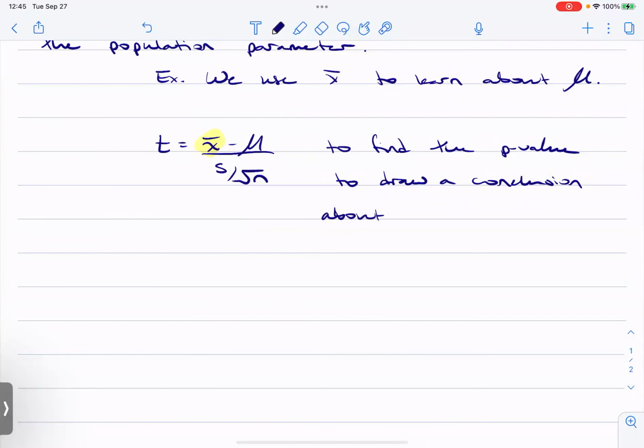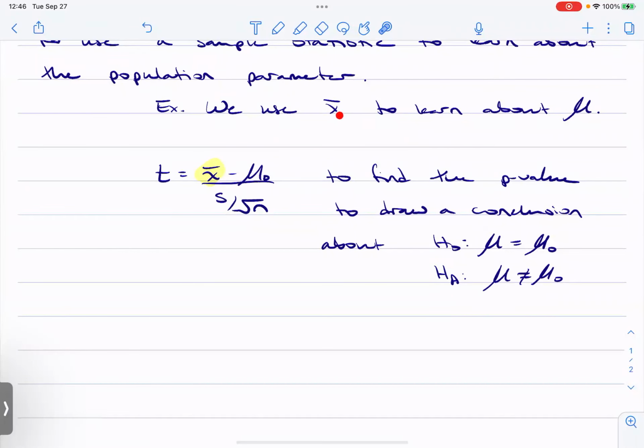H naught might be something like mu equals mu naught, so this should be mu naught. And HA is maybe mu is not equal to mu naught, or less than or greater than, depending on the scenario. The default is not equal to; we usually just use not equal to. Especially in data science, we don't really care.